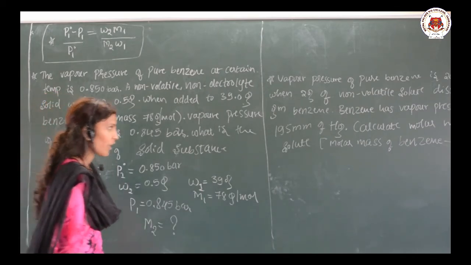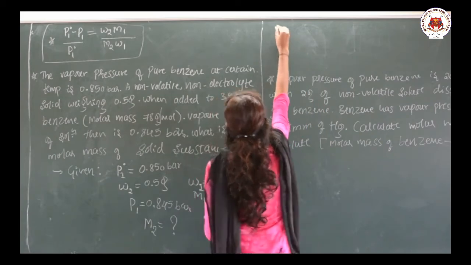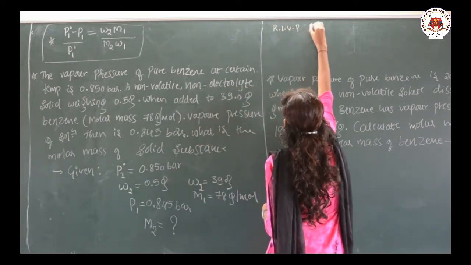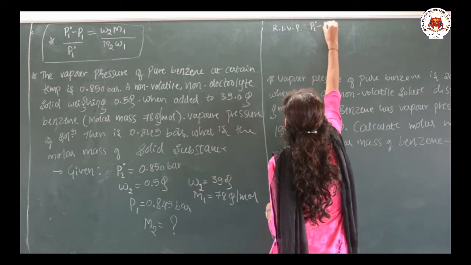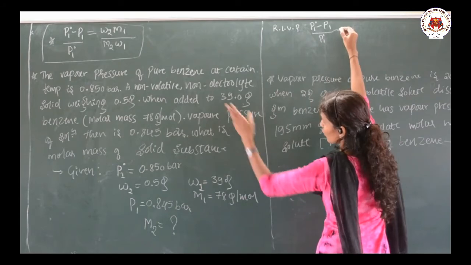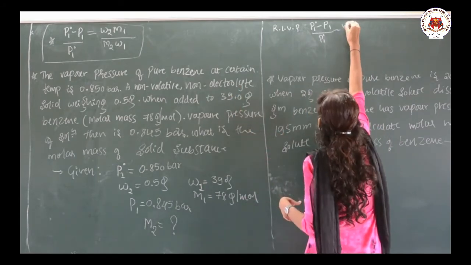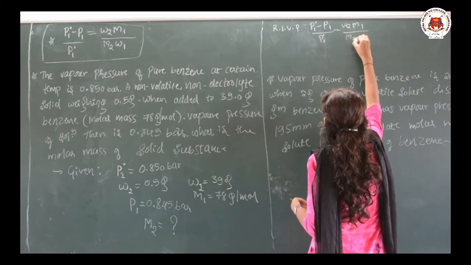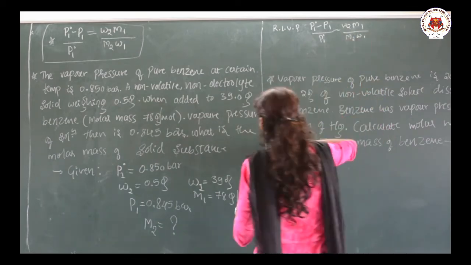So, according to our relative lowering of vapor pressure, (P1 naught minus P1) divided by P1 naught is equal to, the formula is there, W2 into M1 divided by M2 into W1. Okay.